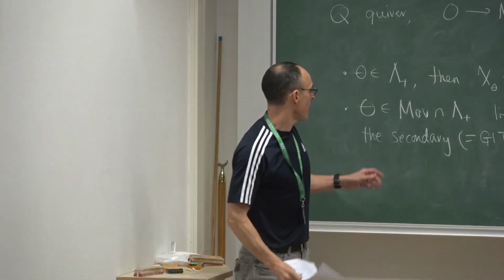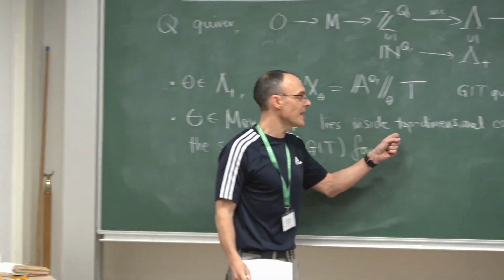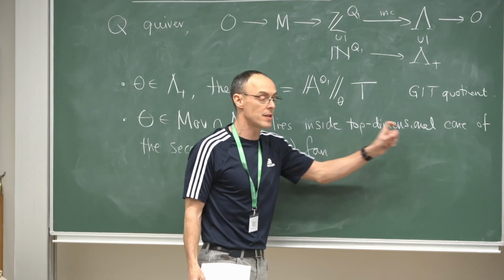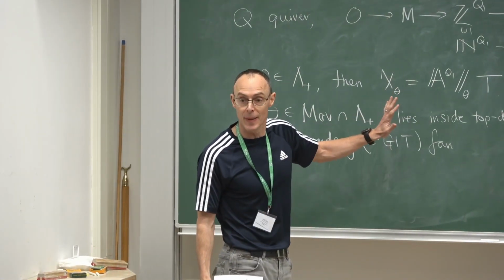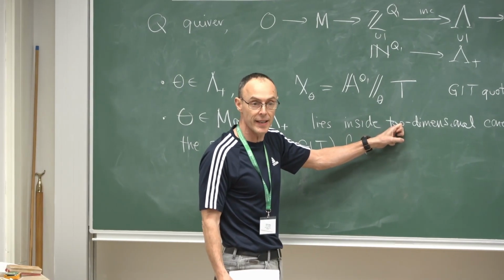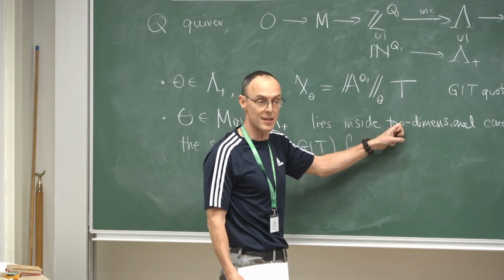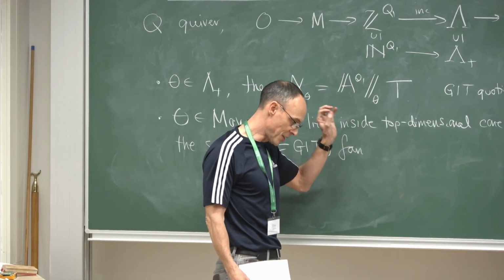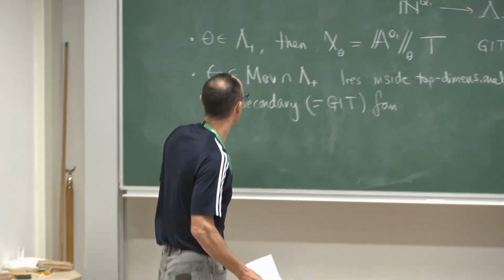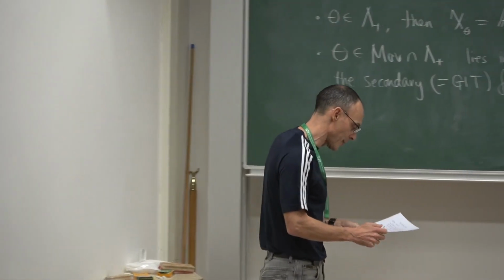And again, in reference to Joshua's talk, insisting that it lies inside one of the top dimensional cones is equivalent to insisting that, and I've not talked about it very much, stability, but that's insisting that the notion of theta-stability agrees with the notion of theta-semistability. And that's the situation where Joshua told us we win. We win everything. And that gives us this nice assumption inside the top dimensional cone.